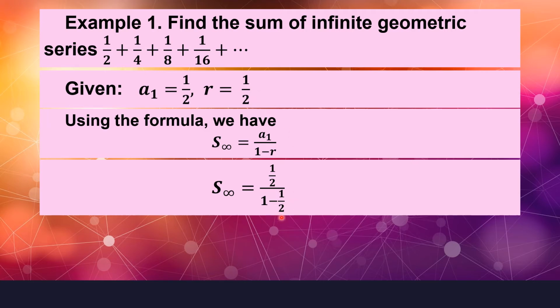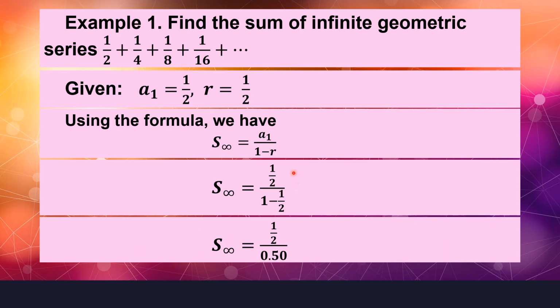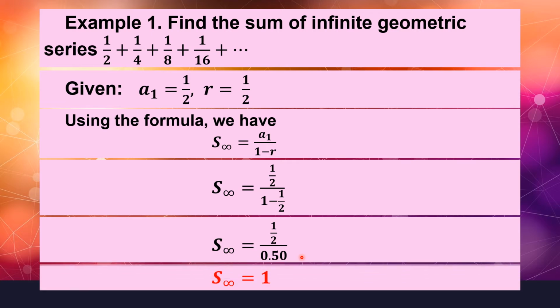Simplifying, 1/2 over 1 minus 1/2 is equal to 1/2 divided by 0.5, which is equal to 1. Thus, the sum of the infinite geometric series 1/2 plus 1/4 plus 1/8 plus 1/16 plus and so on is equal to 1.